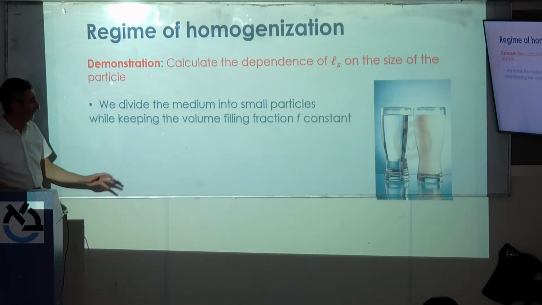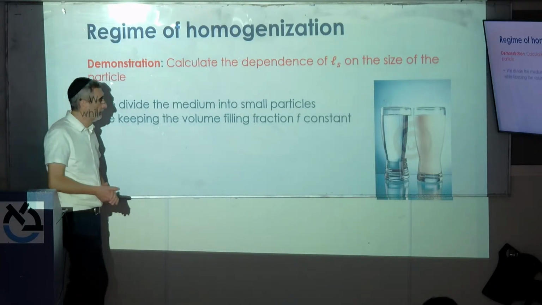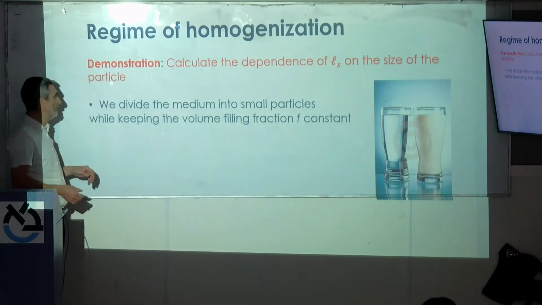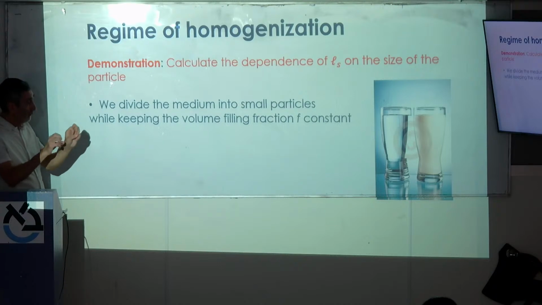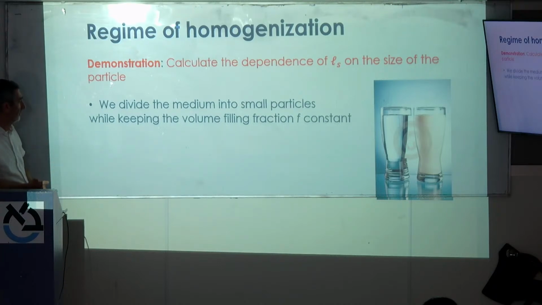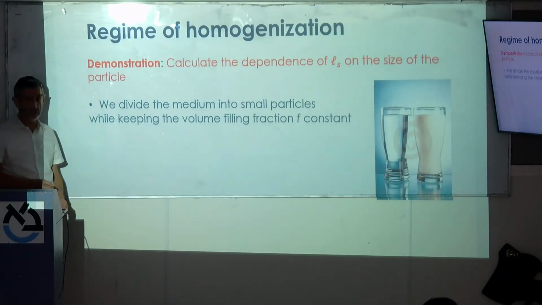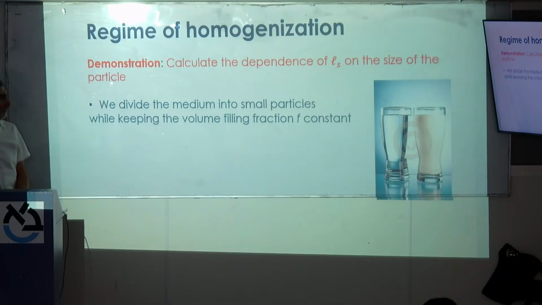So the idea is to take your medium and divide it in small volumes that are like small particles, while keeping the volume filling fraction constant. So what is the volume filling fraction? You have particles, let's say some spheres.